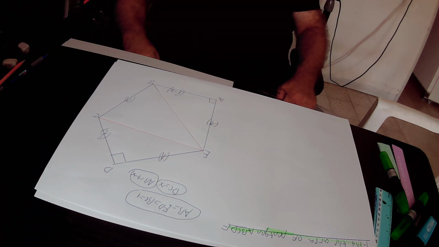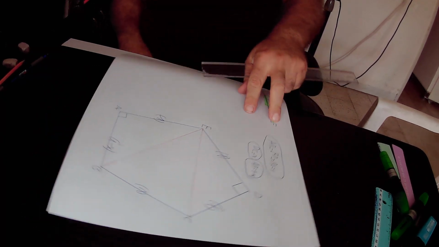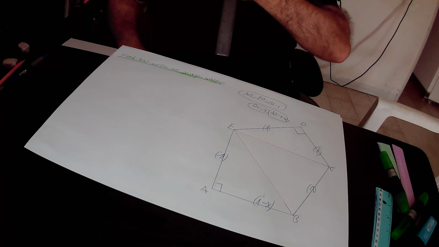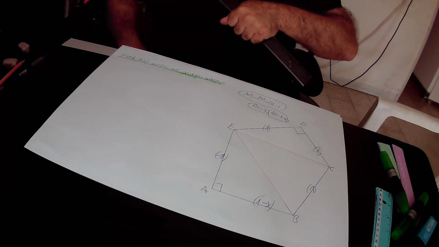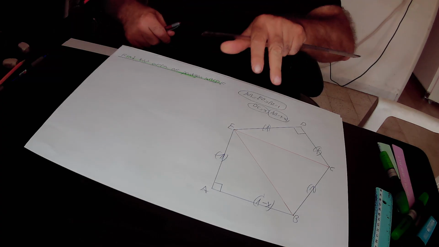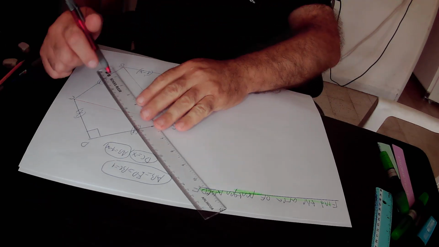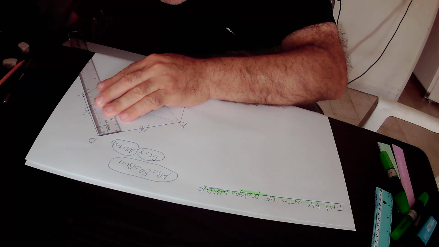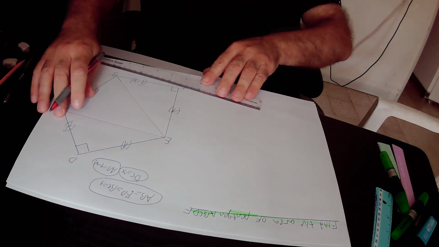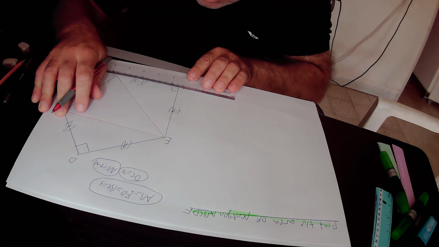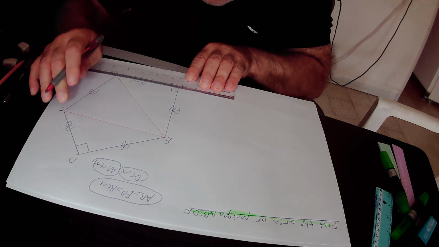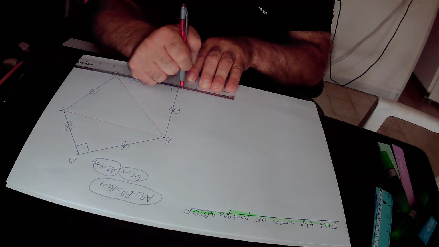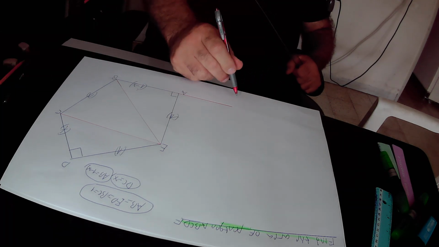In the next step, we'll extend side BA of pentagon ABCDE by a straight line in such a way that the extended part will be equal to x units in its length. We define this point as point M.